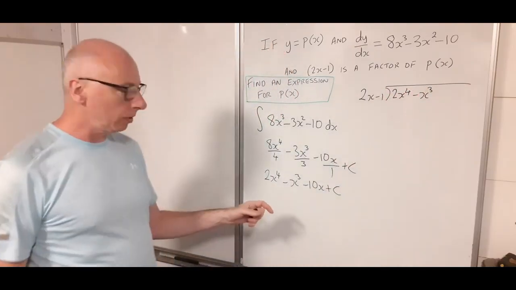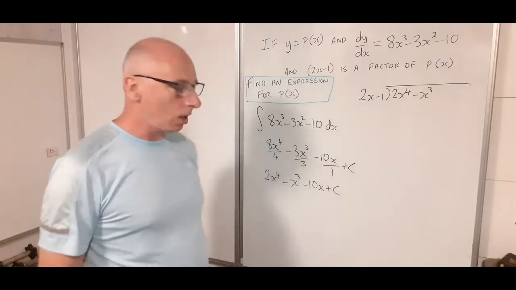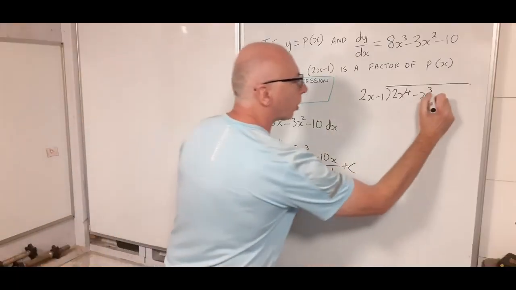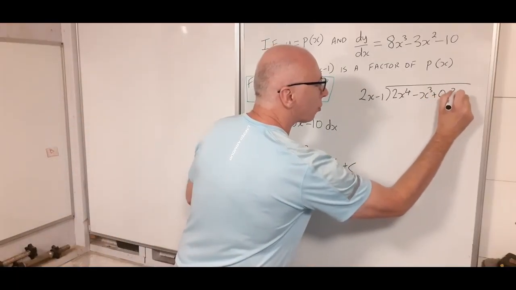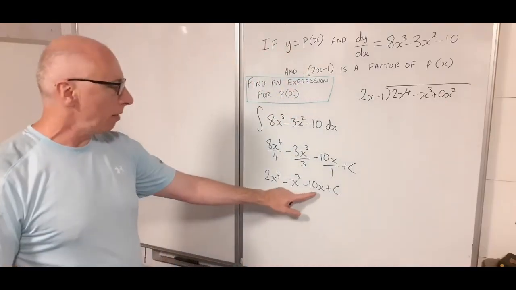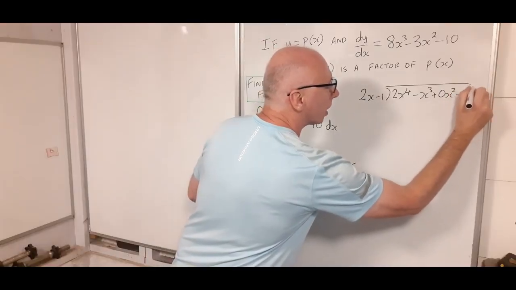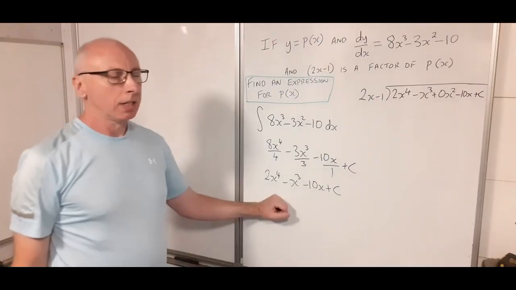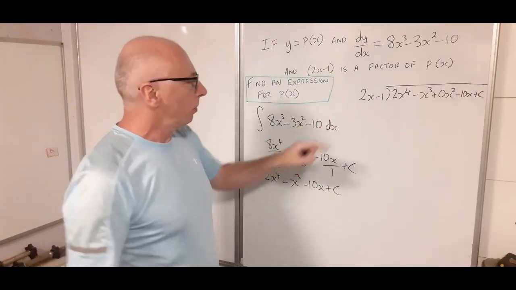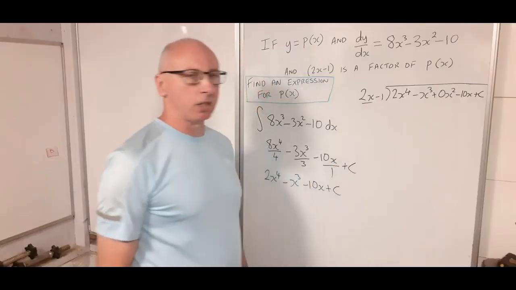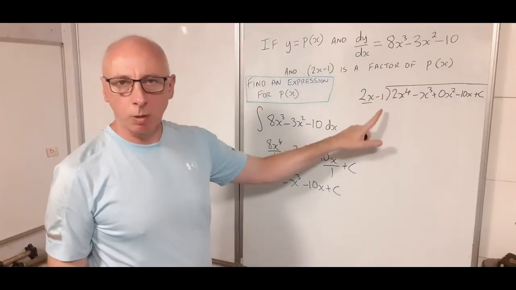Now keep it all nice and in orderly columns. There's no x squared term, but I'm going to put one in with a trivial x squared. And then minus 10x plus c, and that takes care of all of that. So now, polynomial long division rules, we always divide by this 2x. We leave the minus 1 when we're coming back in.